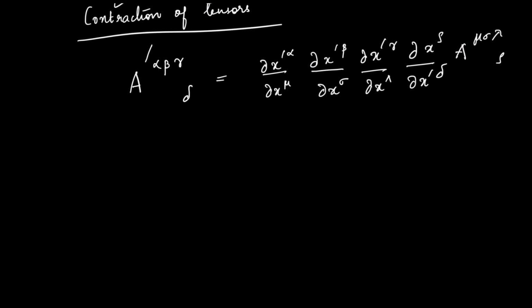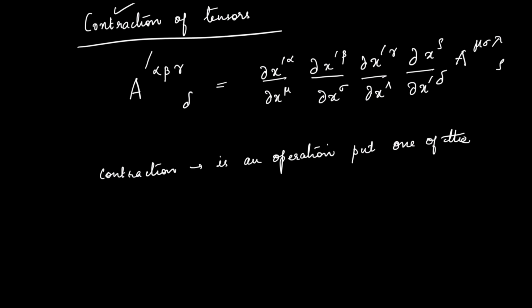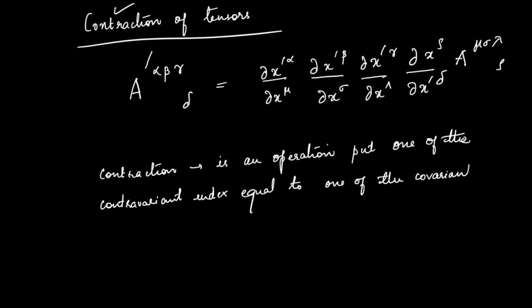It is an operation where we put one of the contravariant indices equal to one of the covariant indices.